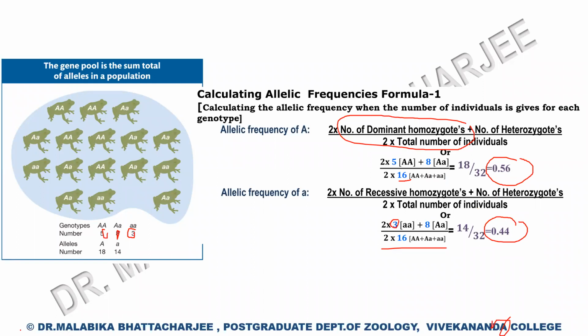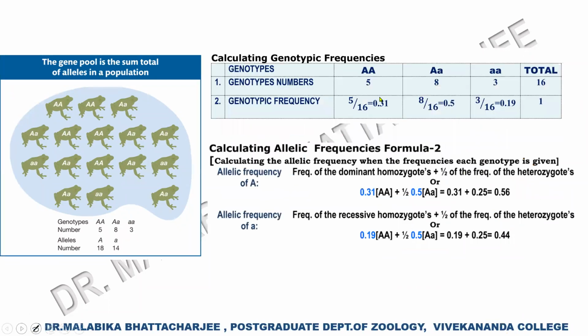if the genotypic frequency is given and the number of individuals is not given, you start with data which gives you the genotypic frequency. We had calculated the genotypic frequency. Imagine that the number of individuals is not given, and the genotypic frequency is given instead.